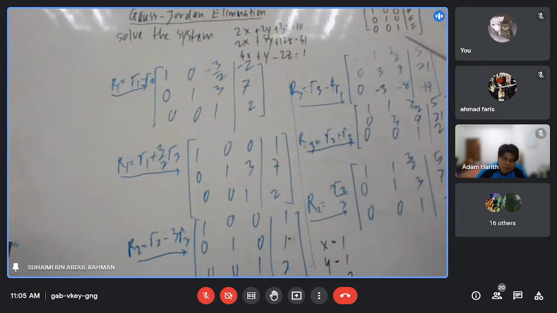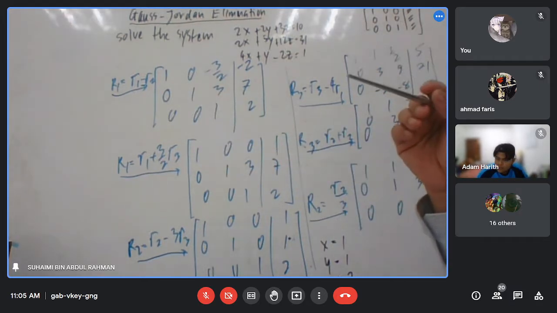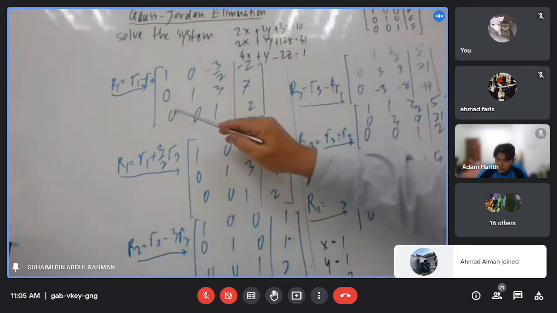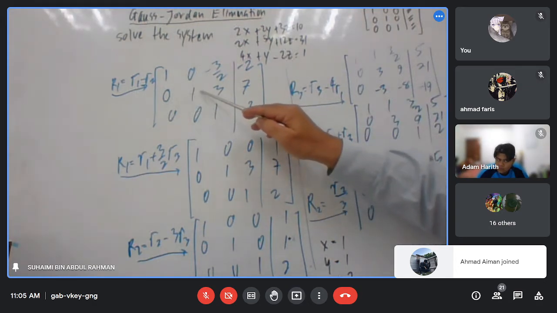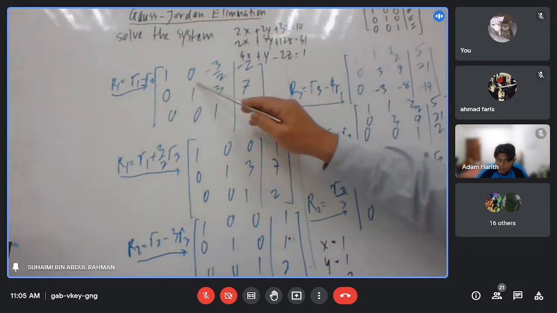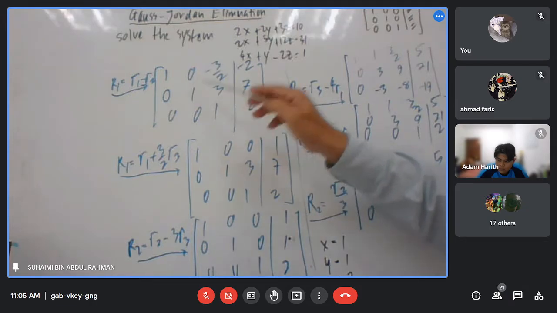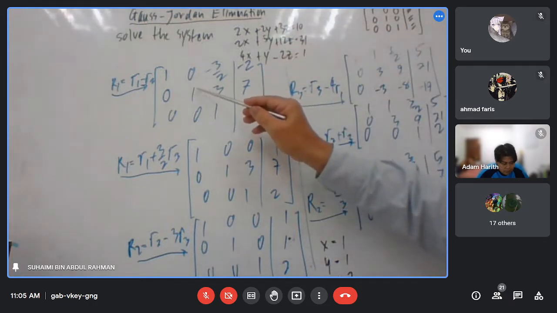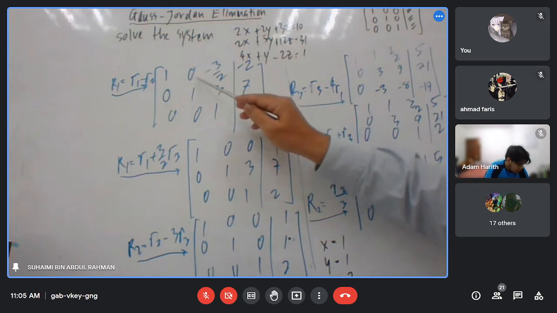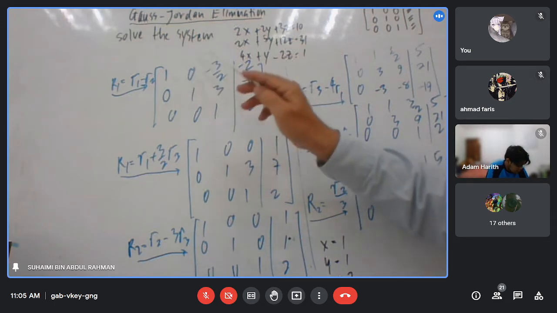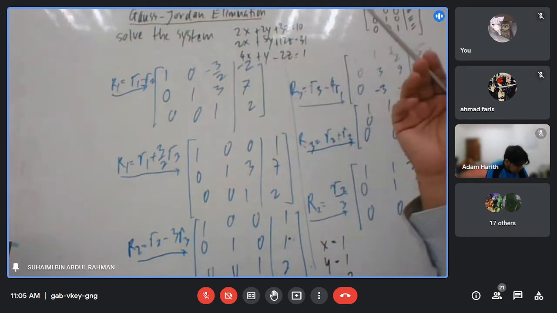This continues from yesterday. I told you to come up until Gaussian, right? We put number 1 here, and after that we put 0. We try to get 0 there.